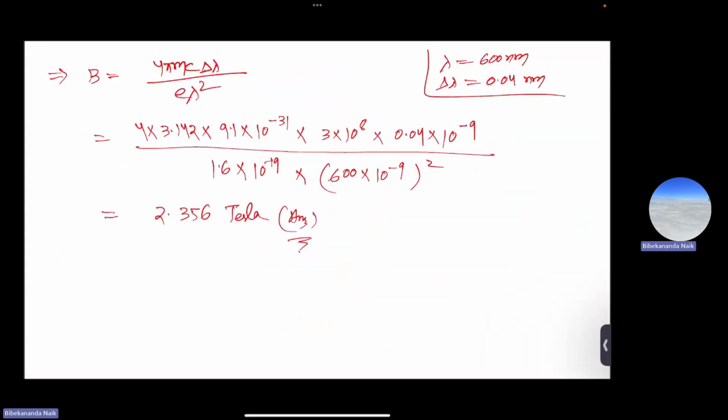Now we will move to question number 2. Question number 2 says, which of the following terms is not possible? Options are option A 2S half, option B 2P half, option C 2D 3 by 2, and option D 2D half.